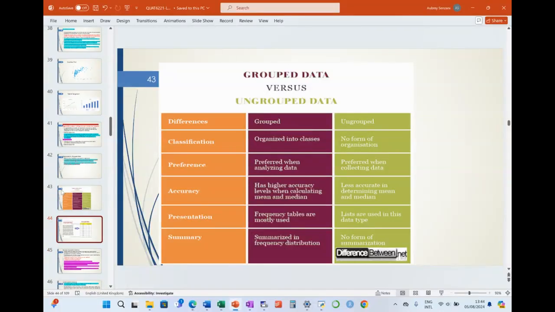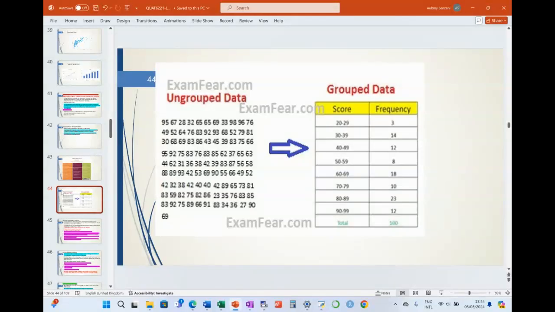So there's a nice overview of grouped and ungrouped. Here you can see what we're talking about. Ungrouped: 95, then 67, then we're here at 52. It's all over the place, but we've collected it. Maybe we did a survey on the ages of students at Varsity College. 69, never would have guessed.